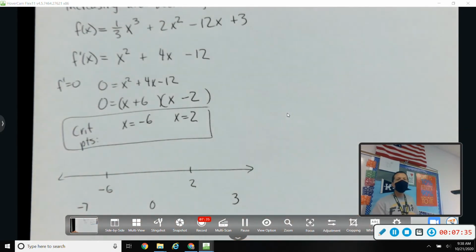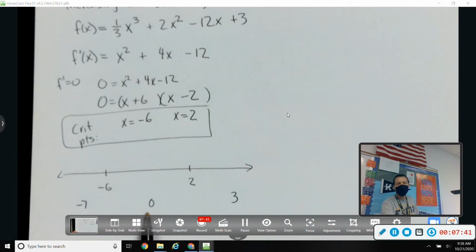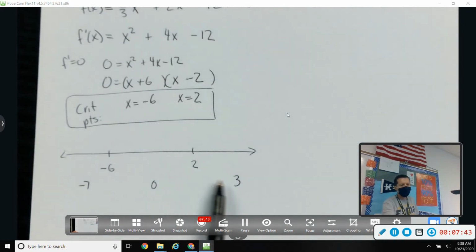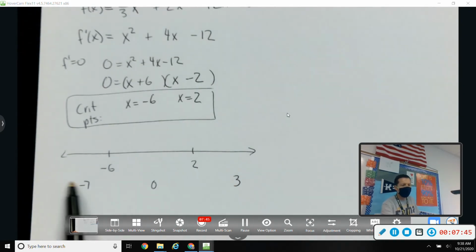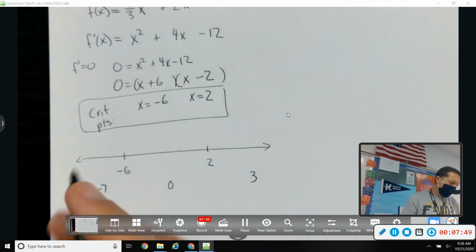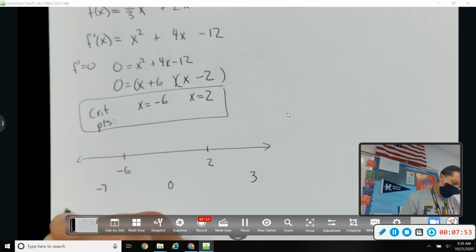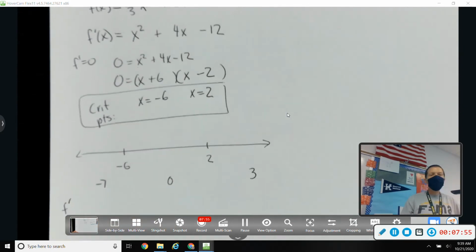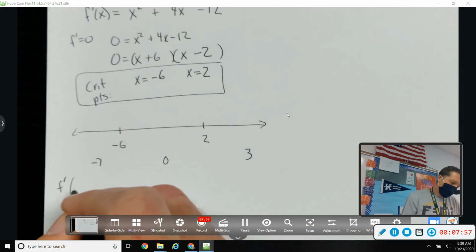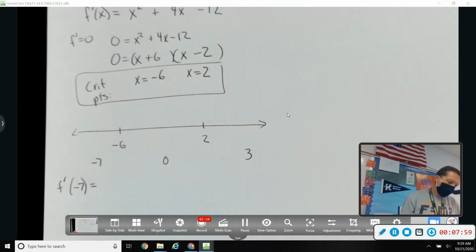So you pick any number on your interval. Obviously, you'd like to pick 0 if you can. Make sure you put it in the right spot. But any number on that interval will work for what we're going to test. And what we're going to test is the first derivative. Hence the first derivative test. So f prime of -7.